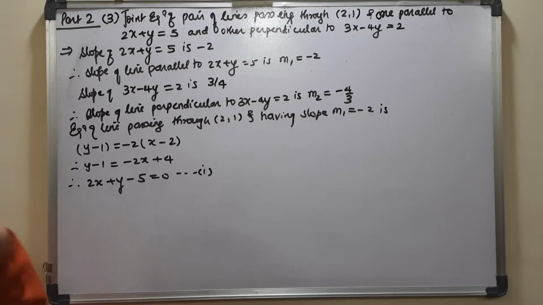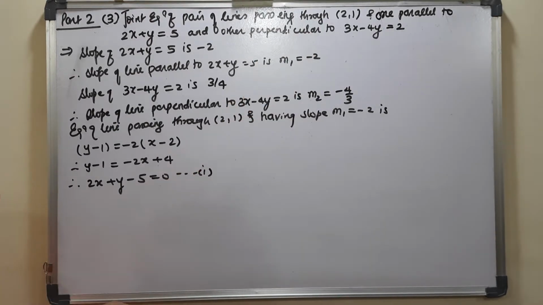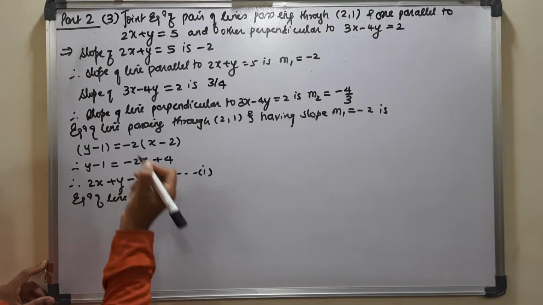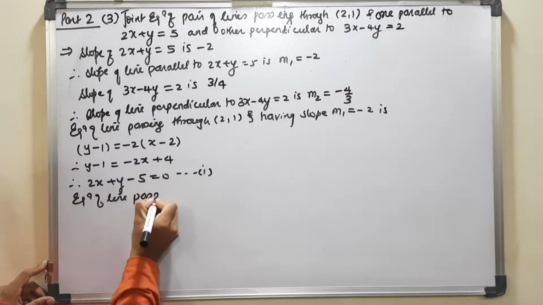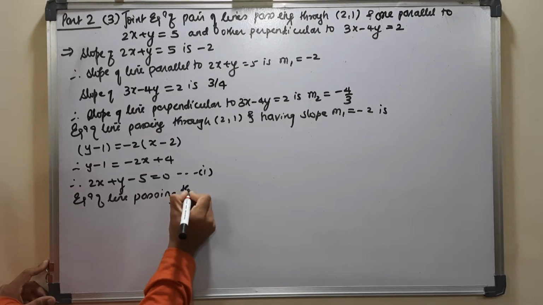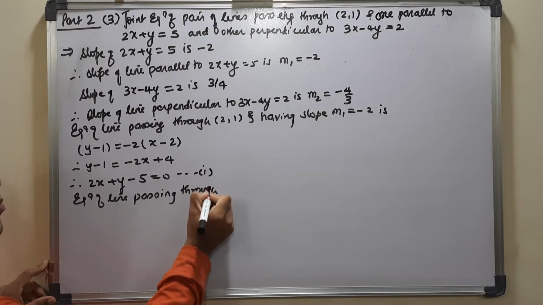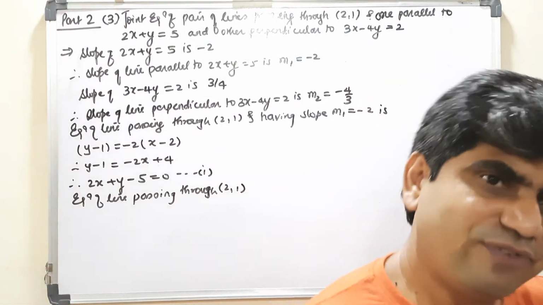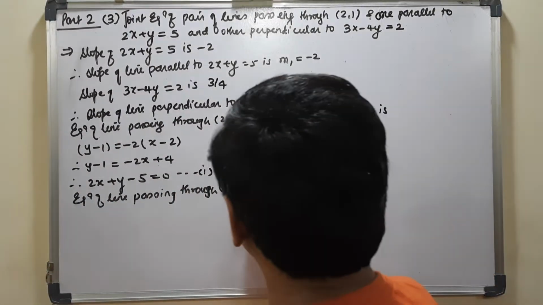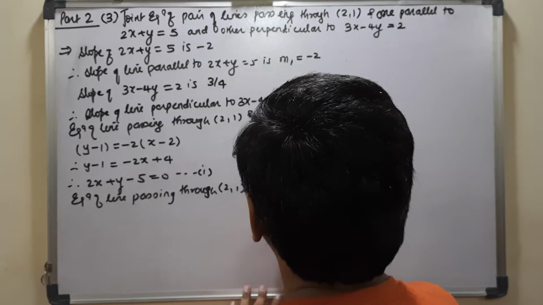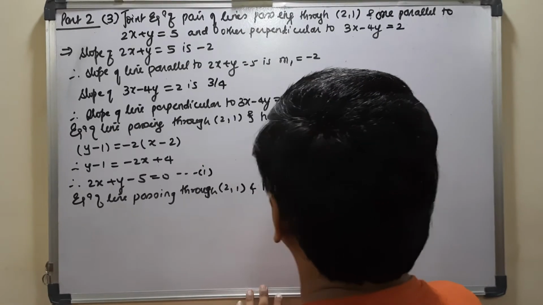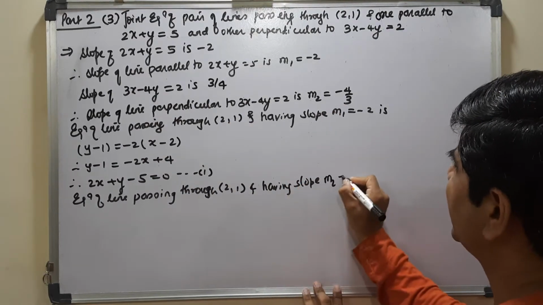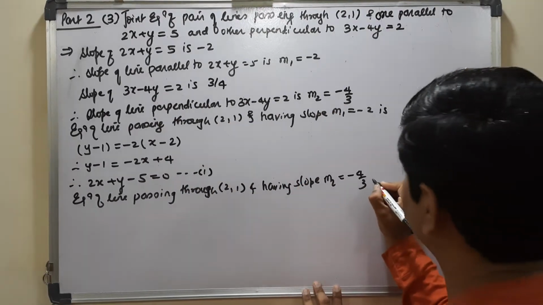Now for the second condition, the equation of the line passes through the same point (2, 1), but now with a different slope. The slope of the perpendicular line is m2, that is minus 4 by 3.